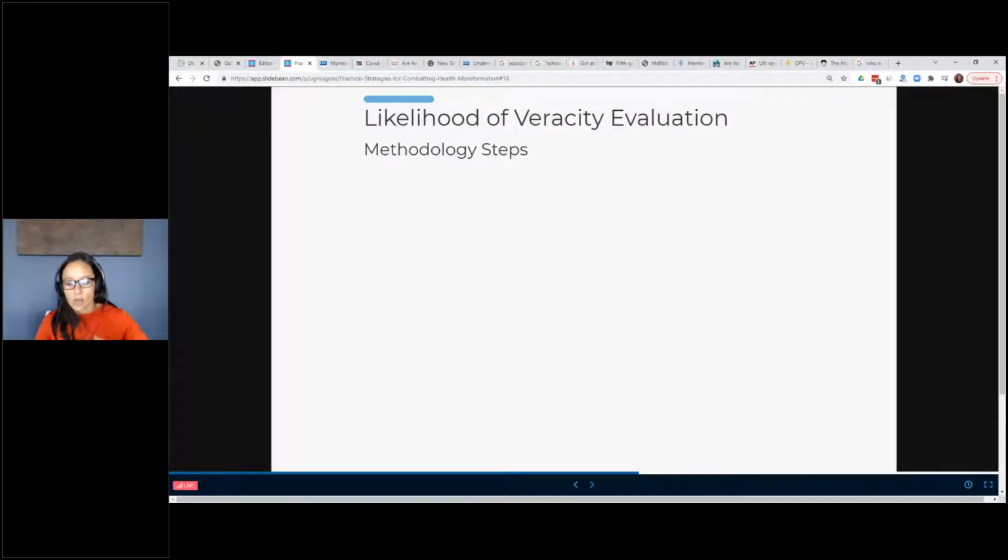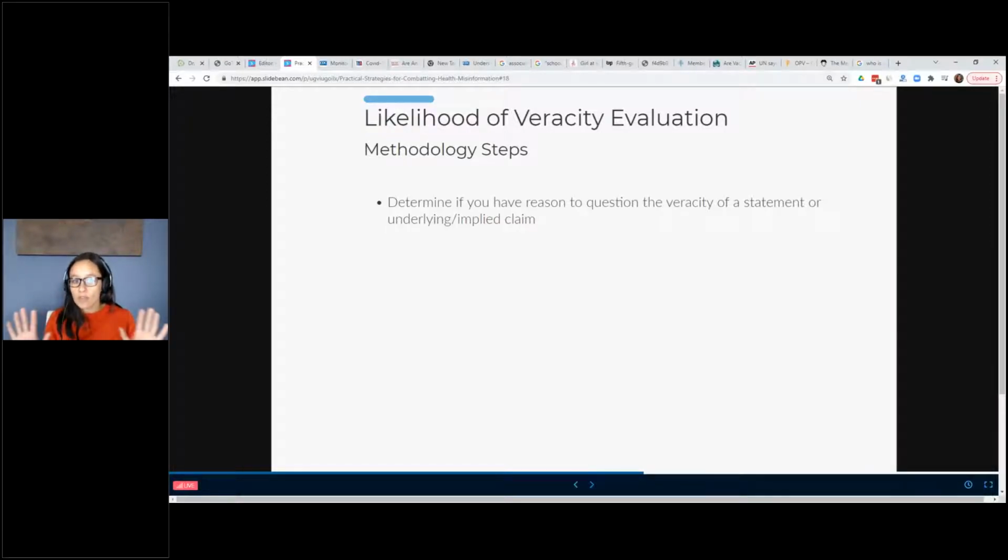So just a quick overview of the steps we take to determine veracity of a particular article or a piece of content that we come across. We go through these methodology steps. I'm just going to run through these quickly. I do whole webinars on just this thing, but this is our basic process. One is just determine whether you have reason to question the veracity or statement of an underlying or implied claim. Just think about it. Two, the simple step, look it up, type questions into your Google search bar.